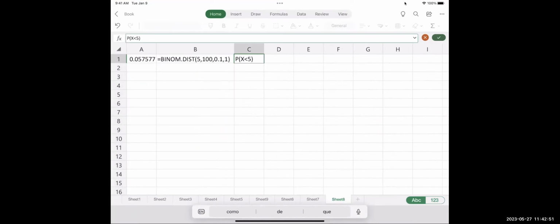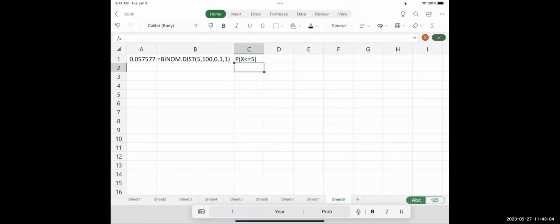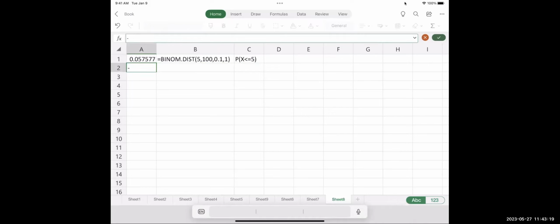Now, because it's a discrete distribution, you have to be very specific to tell it what you're telling it. So I want it to be less than or equal to 5. That should be the answer. 5 or less, but I want the answer for 1 minus.